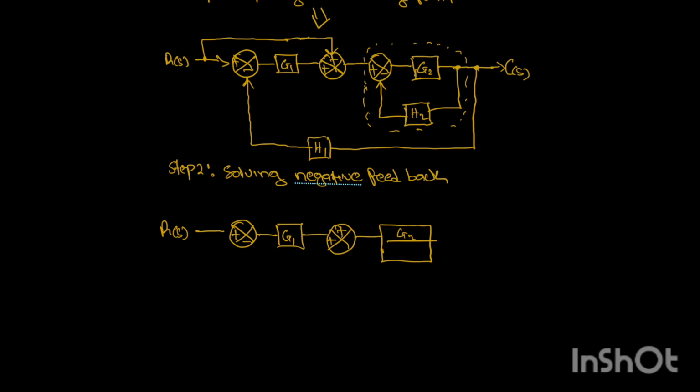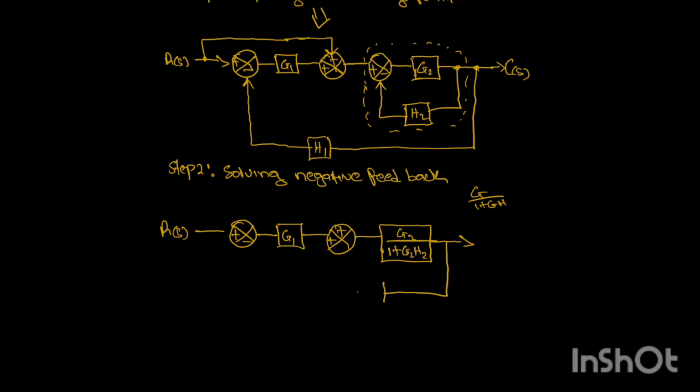What we have is using this formula, because it is a negative feedback transfer function. So we will use this formula G all over 1 plus GH. So we say G2 all over what? G2 all over 1 plus G2 H2. So this is what we get.